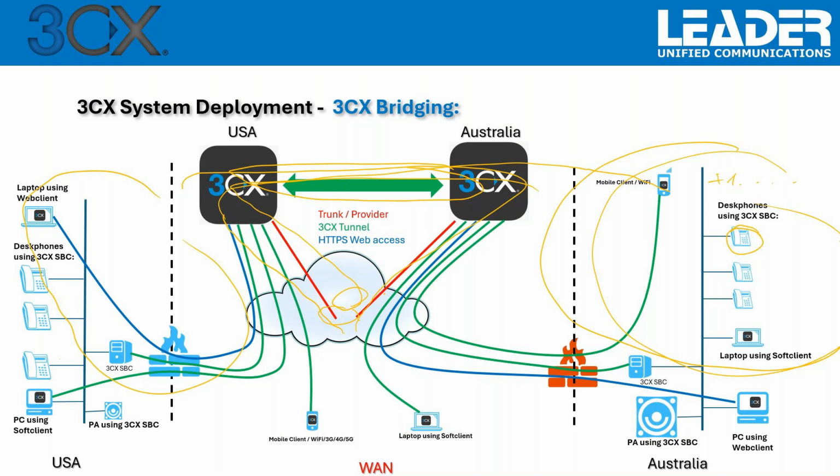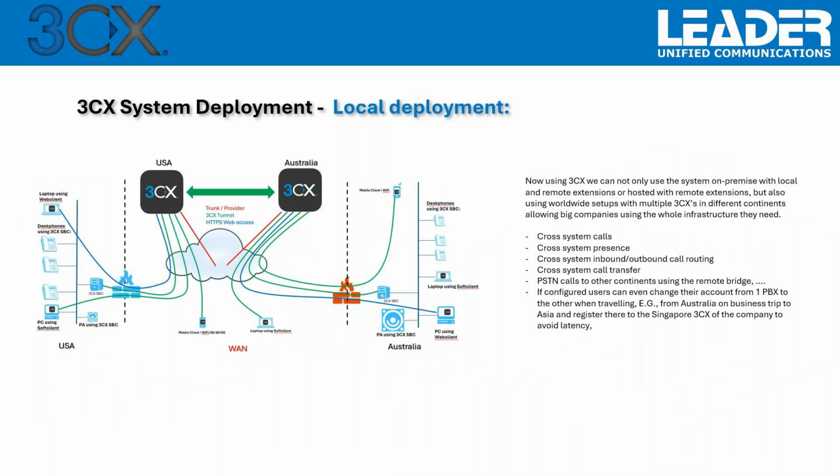created. Now, using 3CX, we can not only use the system on premise with local and remote extensions or hosted with remote extensions, but also using worldwide setups with multiple 3CXs in different continents, allowing big companies using the whole infrastructure they need.